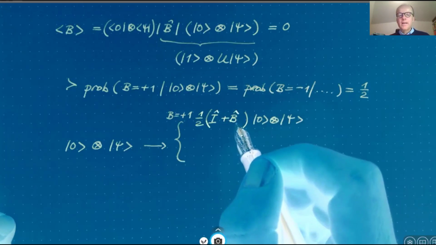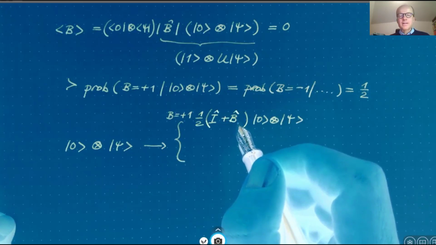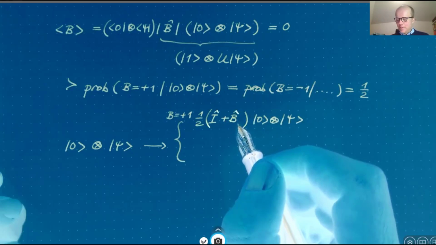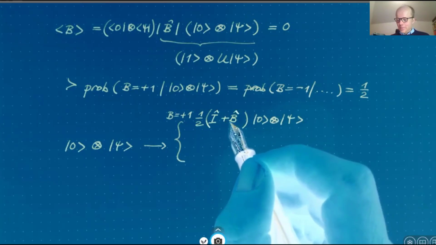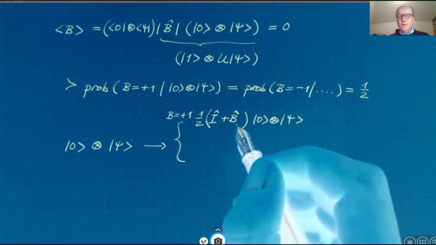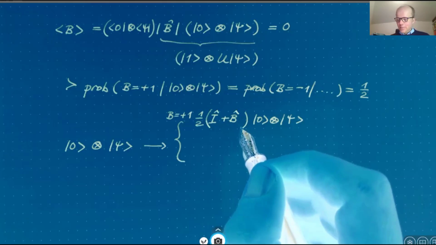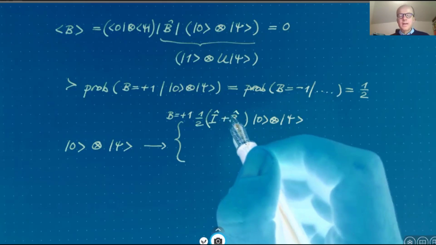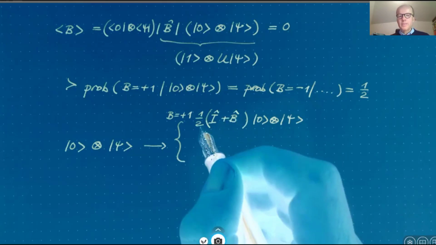Think of B in its eigenbasis, so diagonalized. On the diagonal, you have only the eigenvalues +1 and -1. You add to that the unit matrix, then all the ones of the unit matrix cancel with the -1s in the B, and with the +1s in the B, they add up to 2, then you divide by 2.